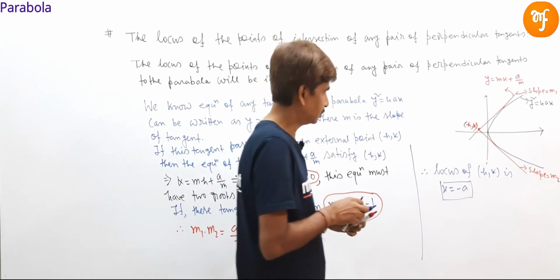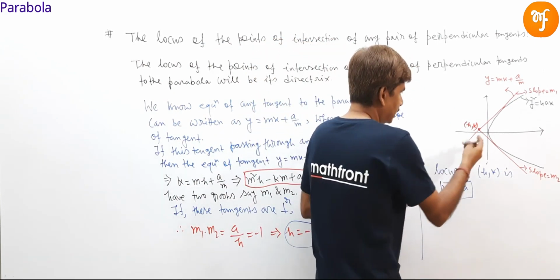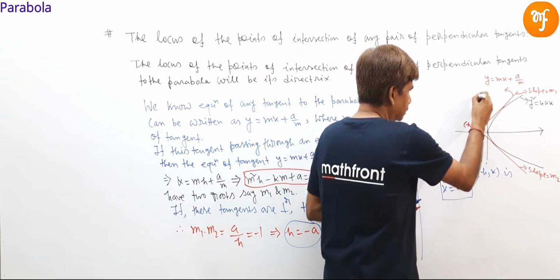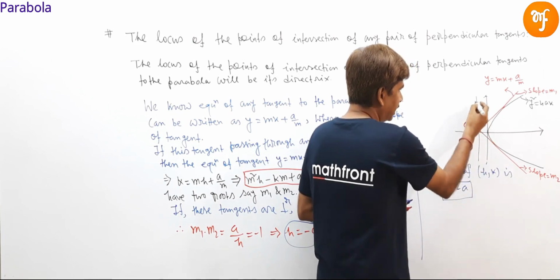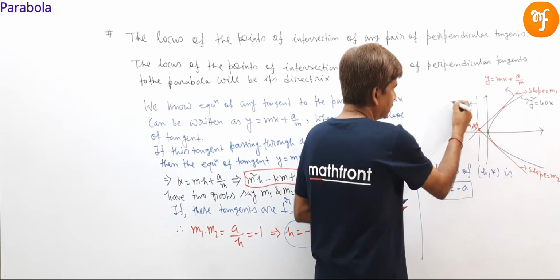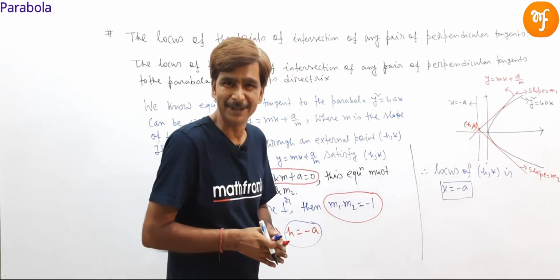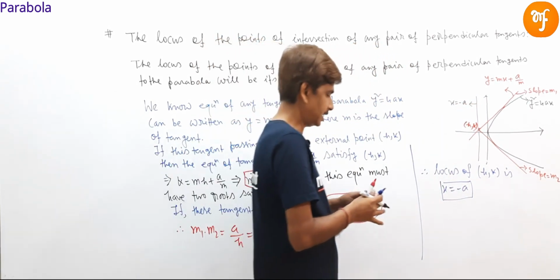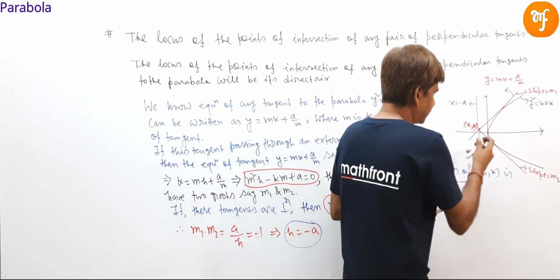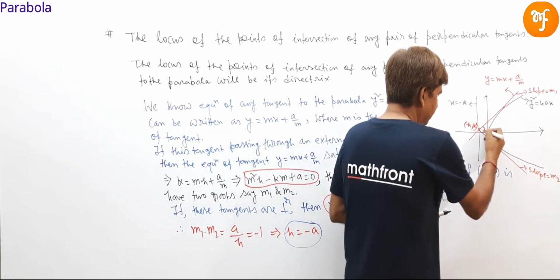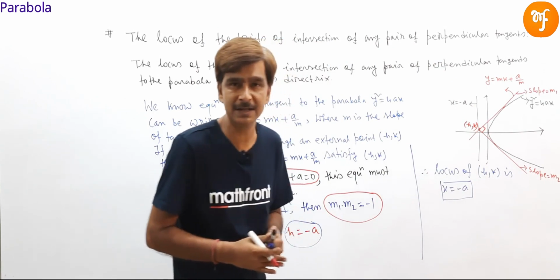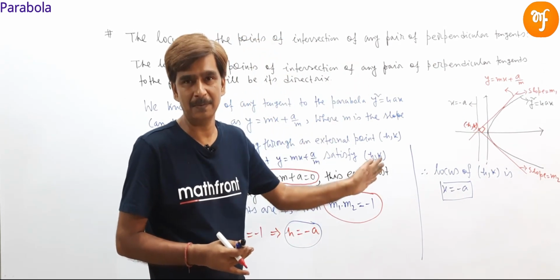So look, I am drawing the directrix. This is the directrix of the parabola, and we all know the equation of the directrix is x is equal to minus a. So we can say if these tangents are perpendicular, then their point of intersection lies on the directrix of the parabola.